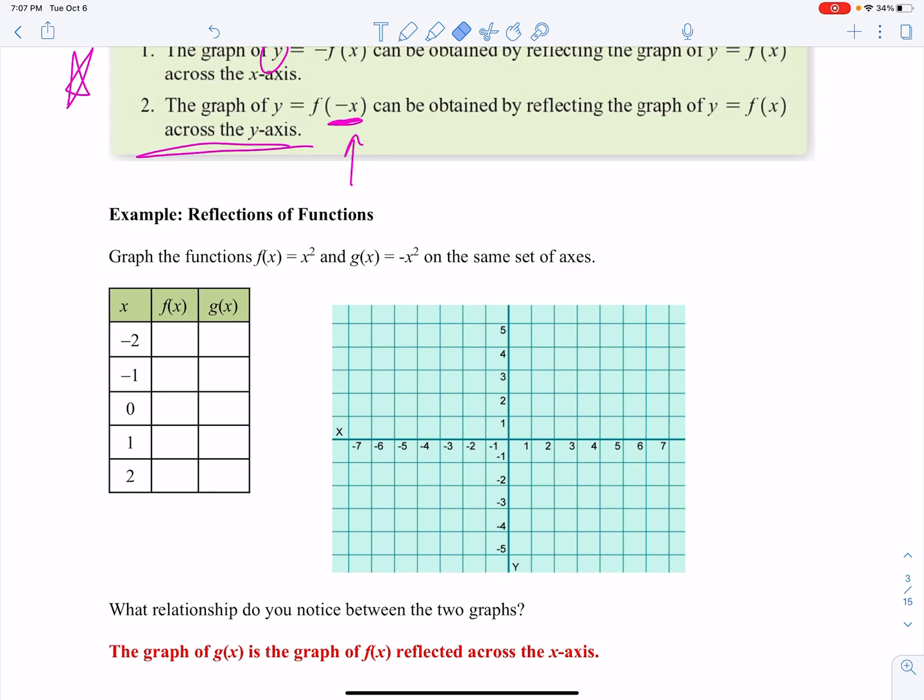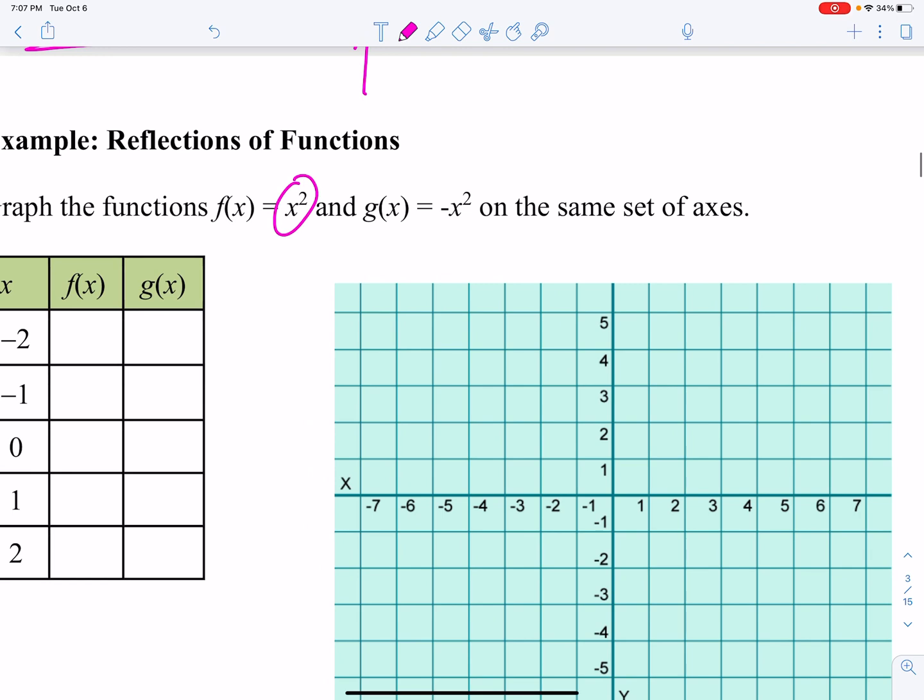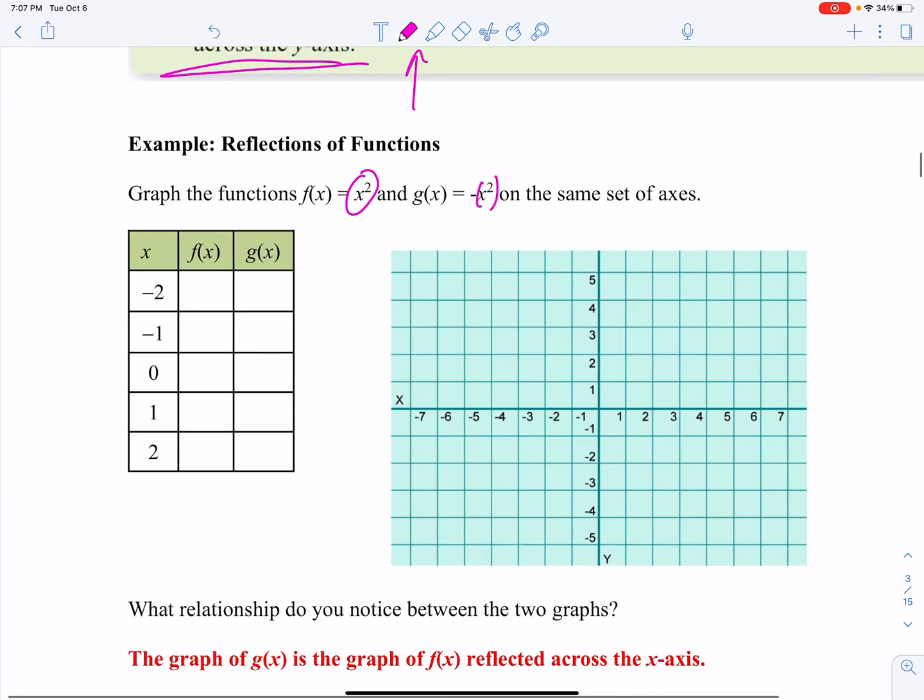Notice the only difference is we have x squared here and negative x squared. So remember, like I said before, what this is saying is really we're taking negative of f of x. We would square the numbers, then multiply by -1. We've done this one before.